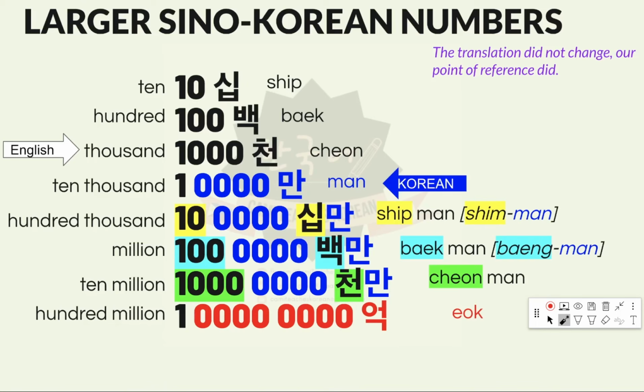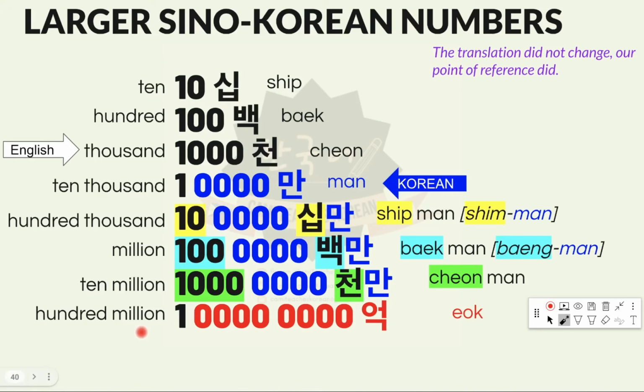So here in English, our point of reference starts at 1,000, which is why we have 10,000 and 100,000. But for the Korean way, our point of reference starts with man, the 10,000. So after you reach man, we go back to shipbekchon. So shipbekchon here, and then after chonman, you enter the ok value, which is 100 million.